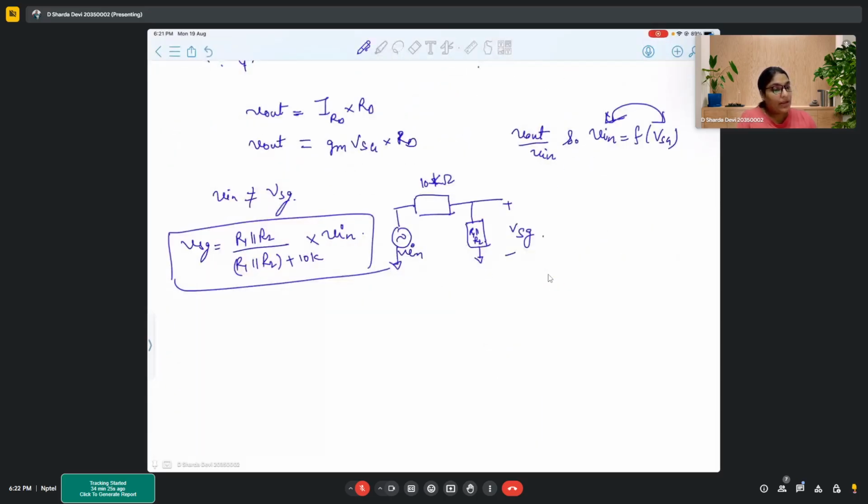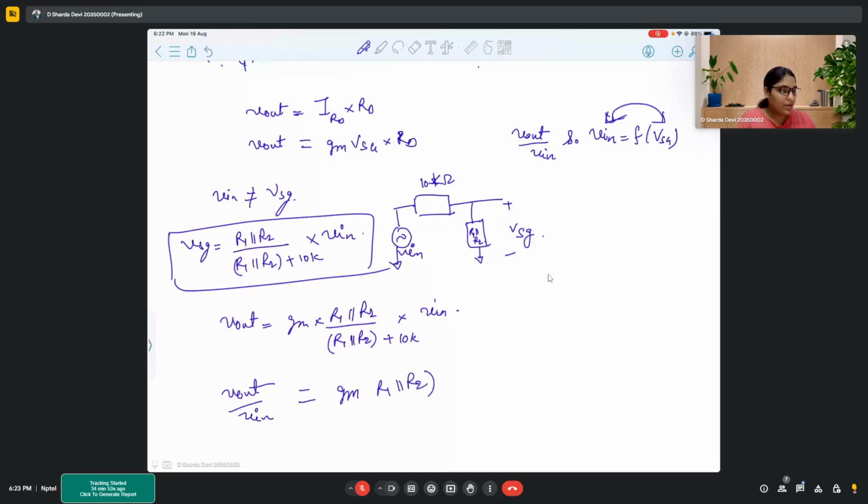So yeah, now V out can be written as GM into R1 parallel R2 upon R1 parallel R2 plus 10K into Vn. So V out by Vn, that is the gain, will be equal to GM R1 parallel R2 upon R1 parallel R2 plus 10K.